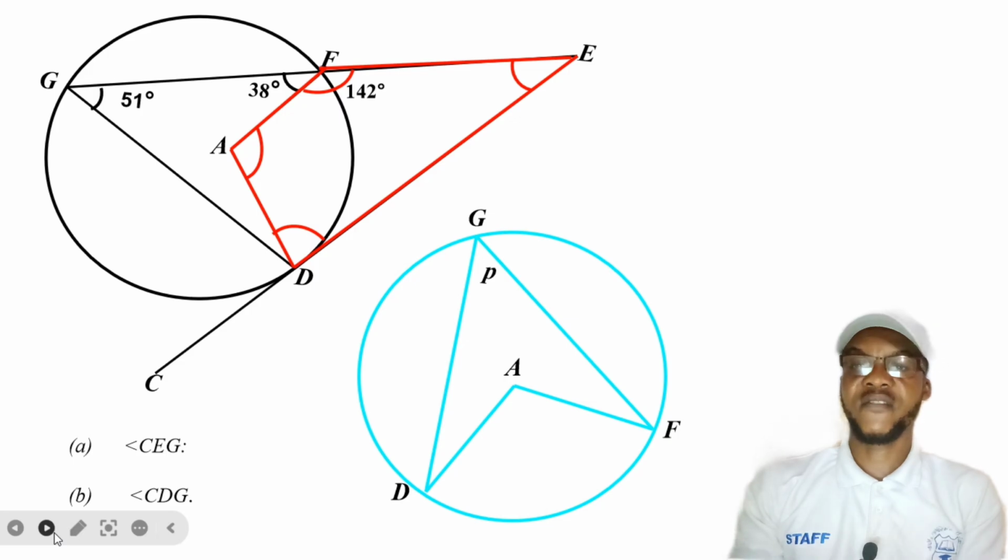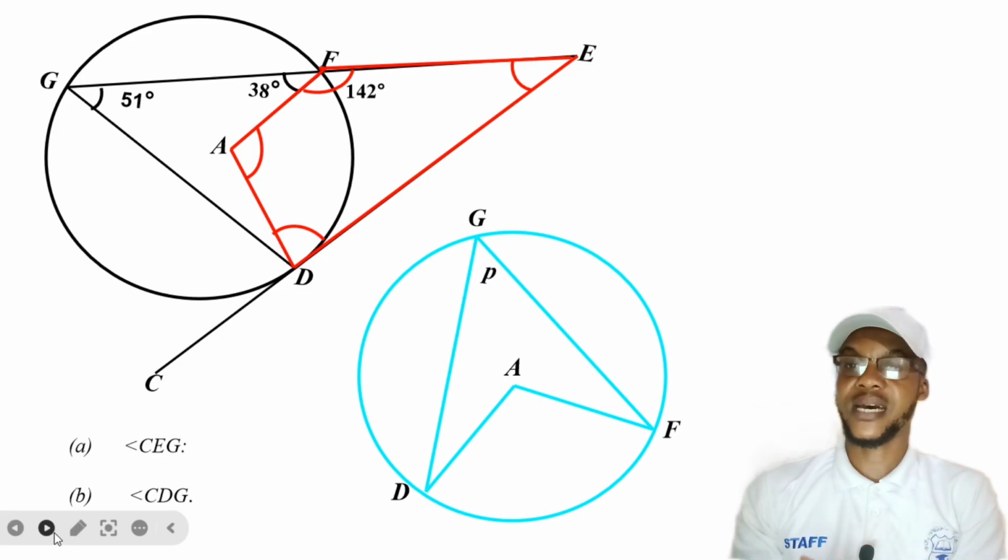Remember in this theorem we said that the angle at the center, subtended by two radii, is twice the one subtended by the chord at the circumference. So we can talk of radius AD and radius AF. Once these two radii are formed, the angle formed at the center is twice the one formed at the circumference.